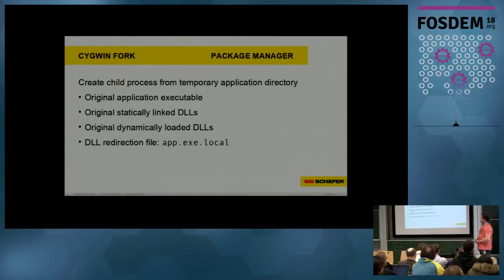But there is help. There is a workaround for this problem: when Cygwin is to create a new child process and detects the original binaries are not there anymore, Cygwin now, or rather there are patches to actually do so, they are not released in Cygwin yet, temporarily creates an application directory, puts the original executables and DLLs there, combined with a Windows-specific DLL redirection file.